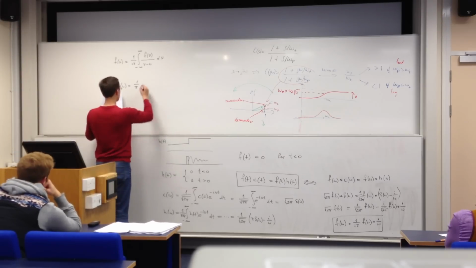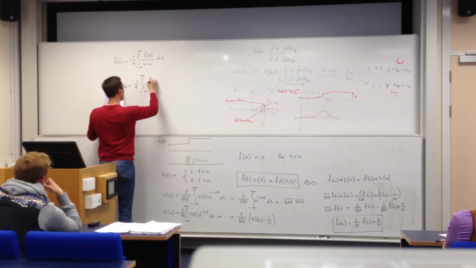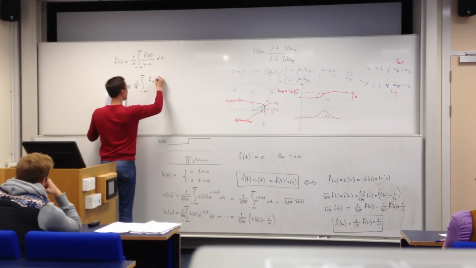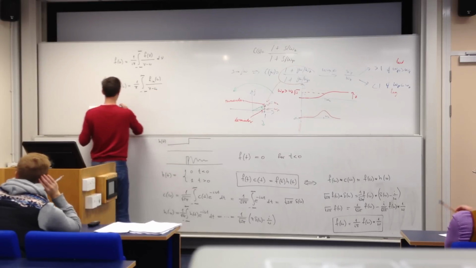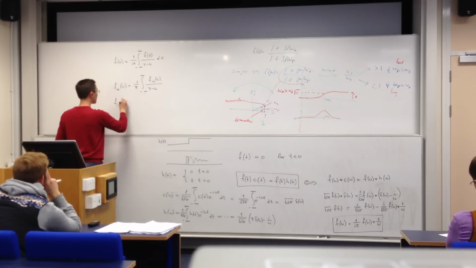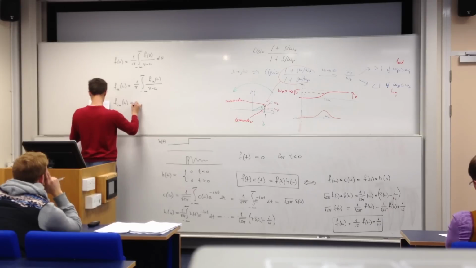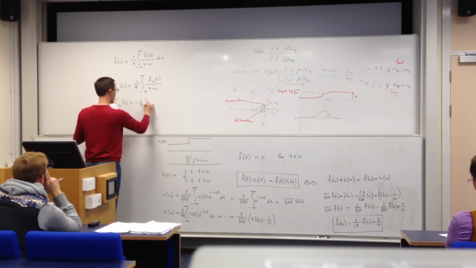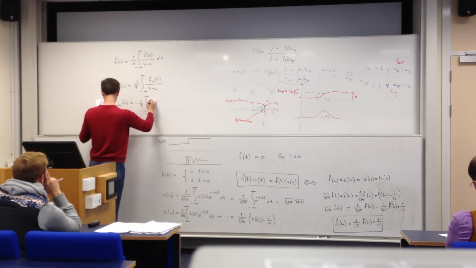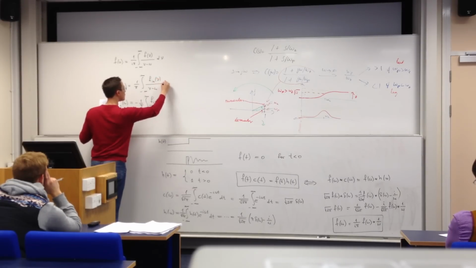So we will have the integral from minus infinity to infinity of f imaginary of mu over mu minus omega, d mu. And similarly the imaginary part of f of omega is minus 1 over pi integral from minus infinity to infinity of f real of mu over mu minus omega, d mu.